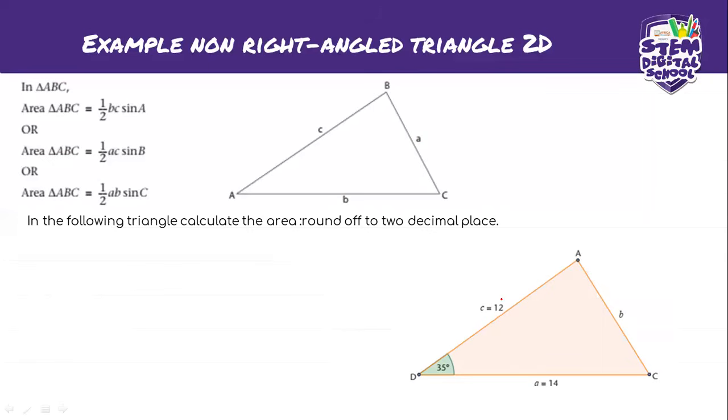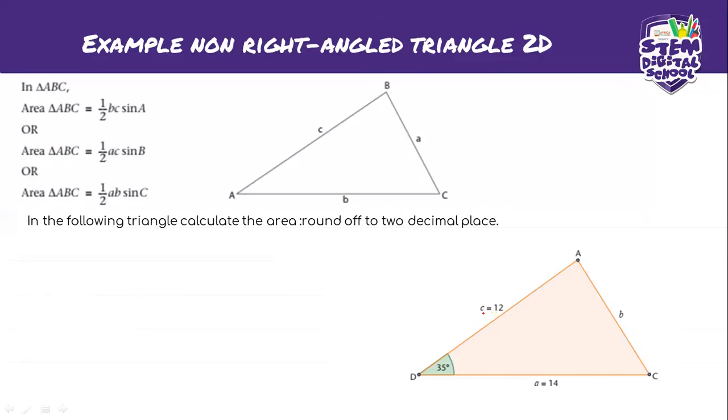Before we can start, we have to study our triangle to check whether this triangle has two sides and one angle which is between the two given sides. Remember, that is the condition for you to be able to calculate the area.